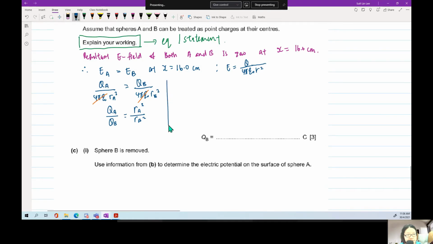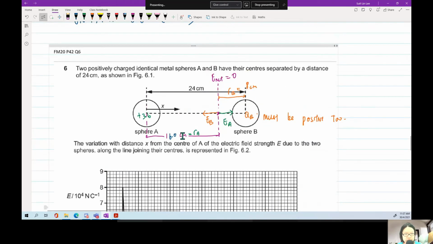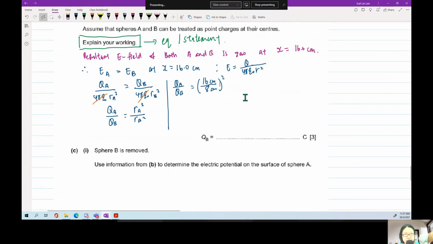Gonna continue here. QA over QB is 16 cm over 8 cm square. All right, A is here 16 and B is here 8. I'm gonna go back here and put it in.